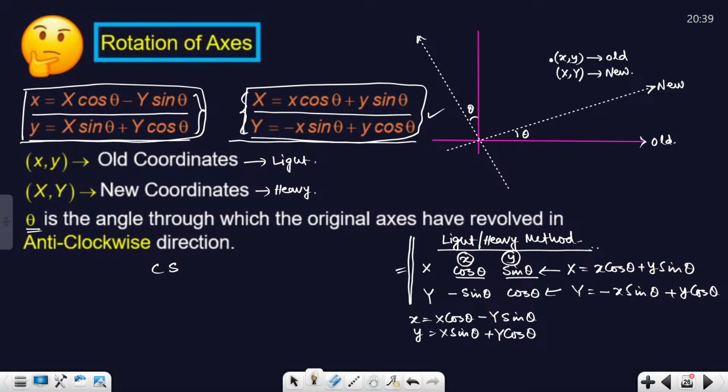Is it clear to all? Is this clear to all? First, you tell me this. Tell me, everyone, is this method clear to all?